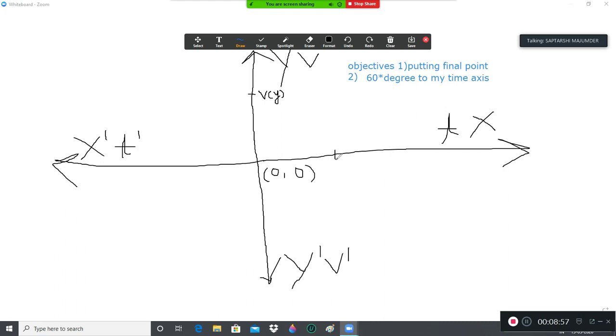The distance from this to this is nothing but time on the x-axis. Understand very carefully, this point doesn't mean that this point is tx.